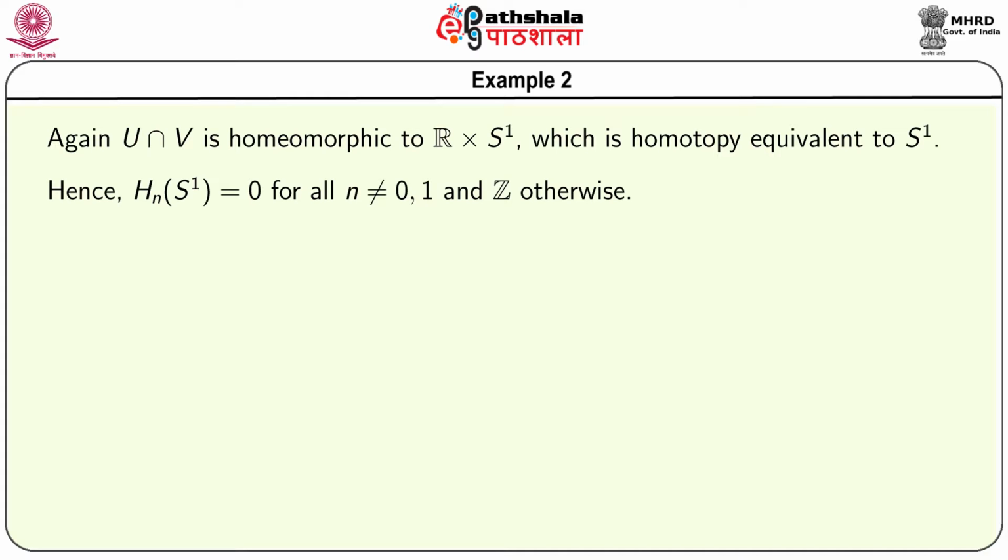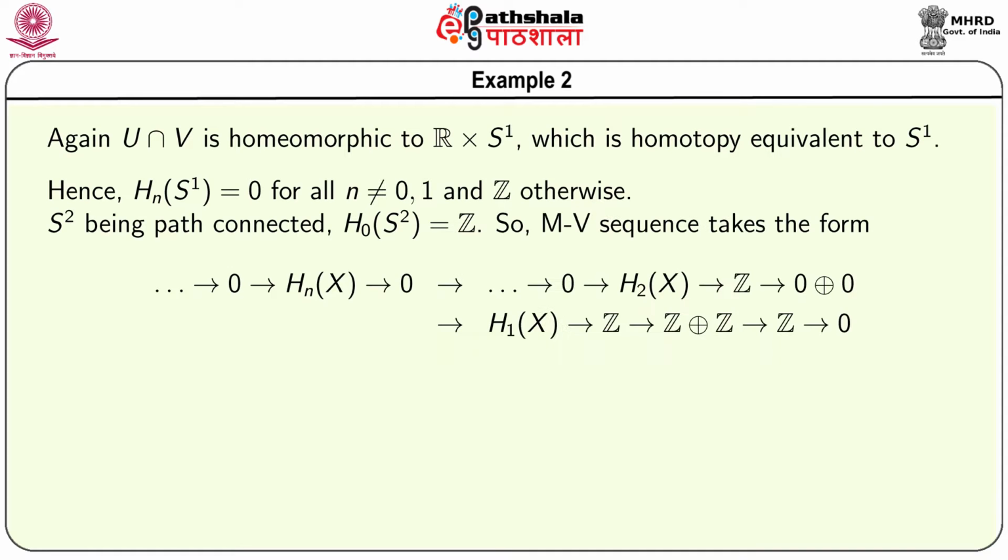Therefore, Hn(S1) is trivial for all n not equal to 0 and 1 and Z otherwise. S2 being path connected, the 0th homology group of S2 is Z. Now, again we apply the Mayer-Vietoris sequence and get the sequence in this form.